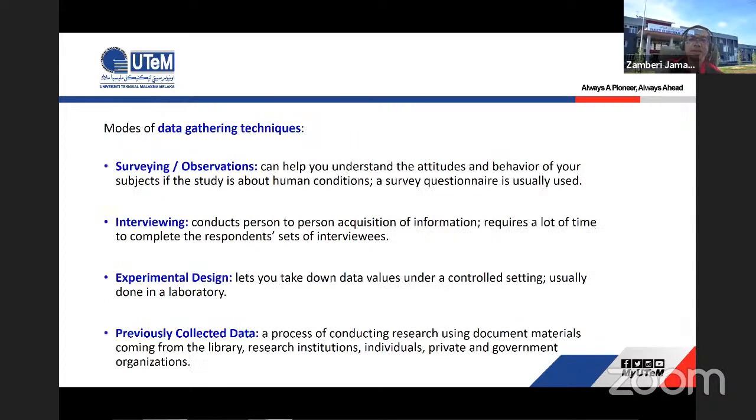Primary data is data that you collected firsthand, and secondary data is data that you collected from, for example, your literature review, the library, the World Health Organization, the United Nations, and things like that. I have a slide on that anyway after this. I hope that helps.